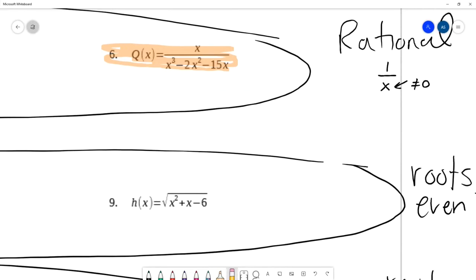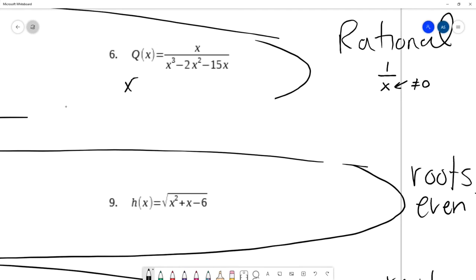So what we do to figure out what our restriction is, we say, well, what if that denominator equals 0? And we figure out what the restrictions are for this particular example. So we've got x cubed minus 2x squared minus 15x equals 0. I'm going to solve that equation.